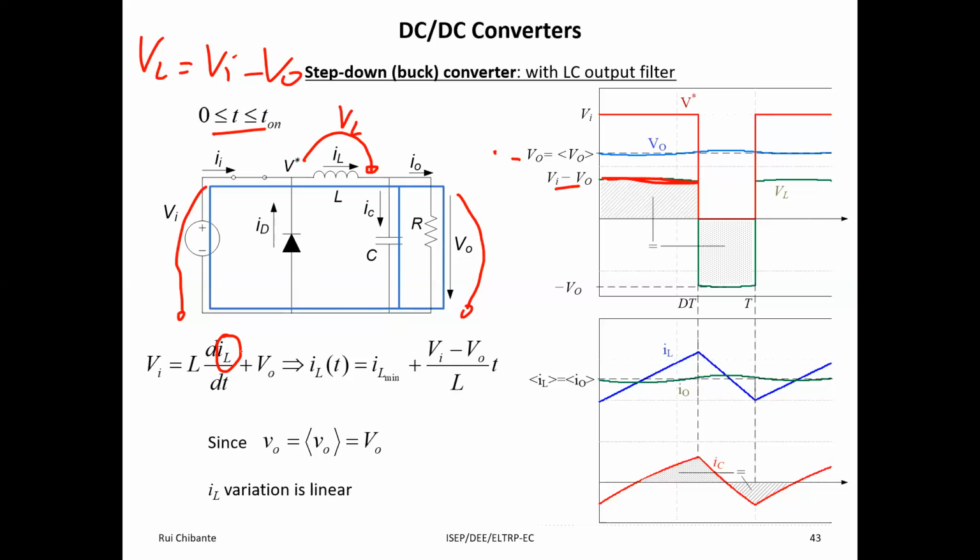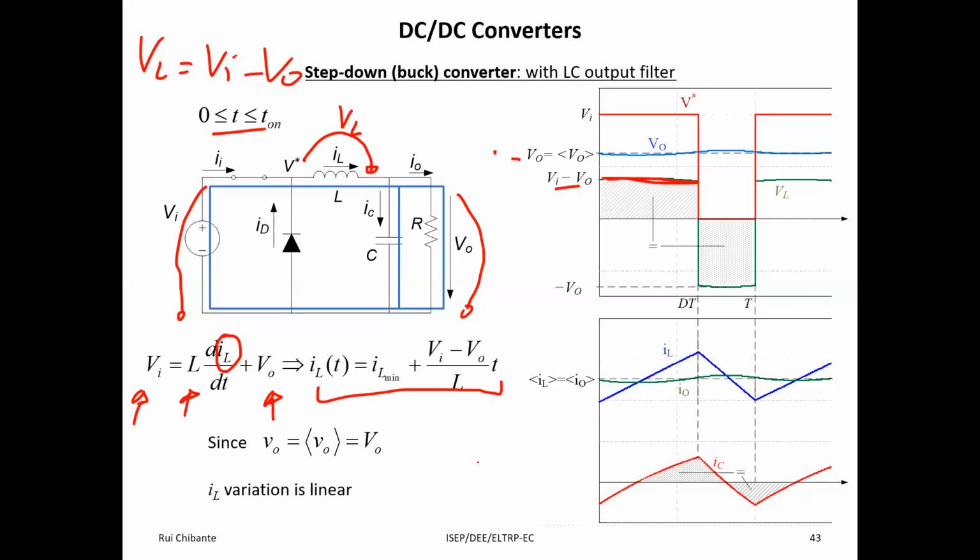I know what my input voltage is. I know what the output voltage is that I want. If I already designed my inductor, I can know how the current is varying. So if I solve this expression for the current, I get this result.